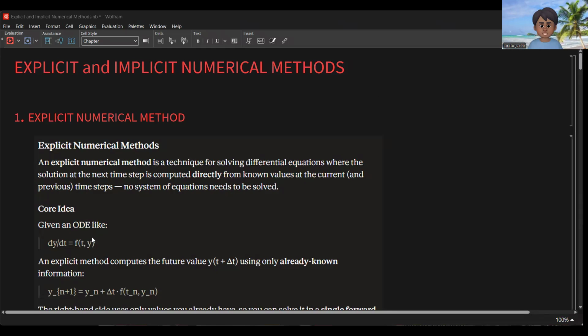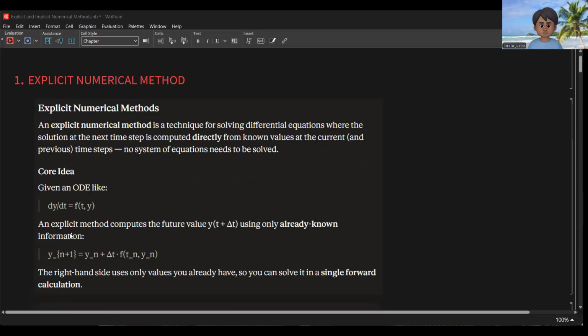So we have the core idea here. Given an ODE like dy/dt equals f(t, y), with f as a function of t and y, an explicit method computes the future y(t + Δt) using only already known information.